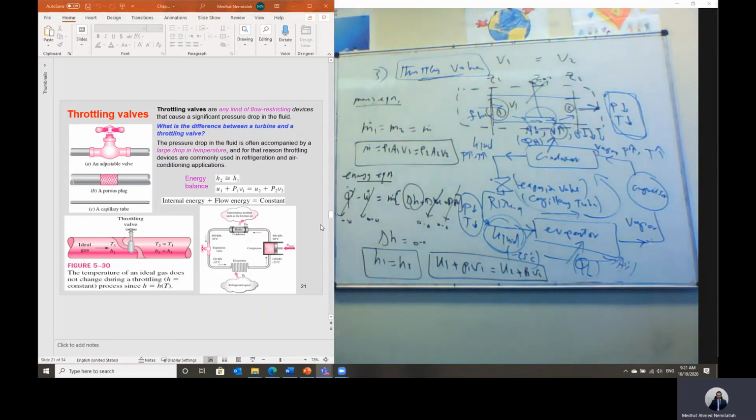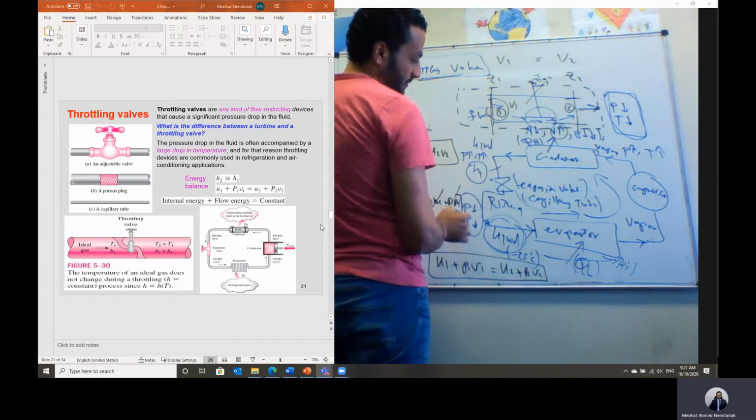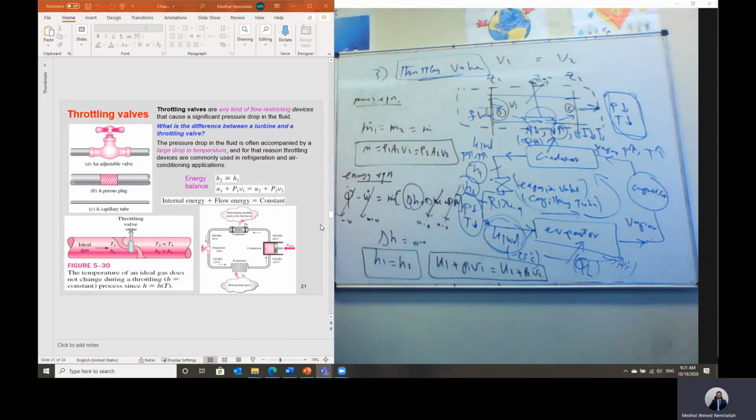That means the enthalpy of the flow before this throttling valve is equal to the enthalpy of the flow after it. So the enthalpy remains constant when the flow is crossing a throttling valve.